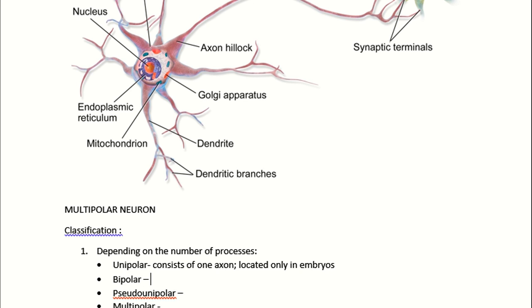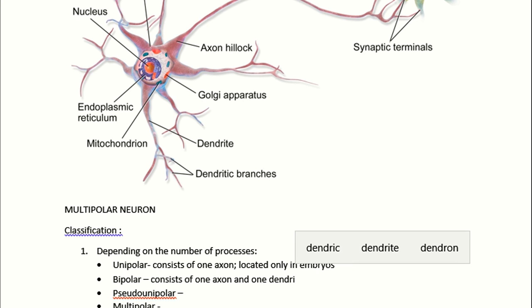Okay, bipolar consists of one axon and one dendrite. Pseudo-unipolar, and this one also, its function. Yeah, I am writing the structural classification and the function.